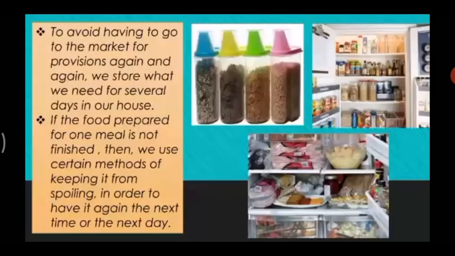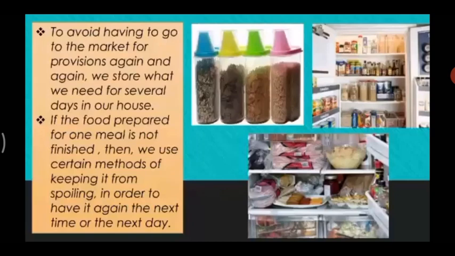Now, your mummy prepares vegetables, grains, pulses at home, right? And she uses onions, potatoes, tomatoes, chilies, and so on. Why? To add flavor, to add taste to the food. And the vegetable or pulses, whatever she is preparing, to prepare this, she stores these things at home, right?